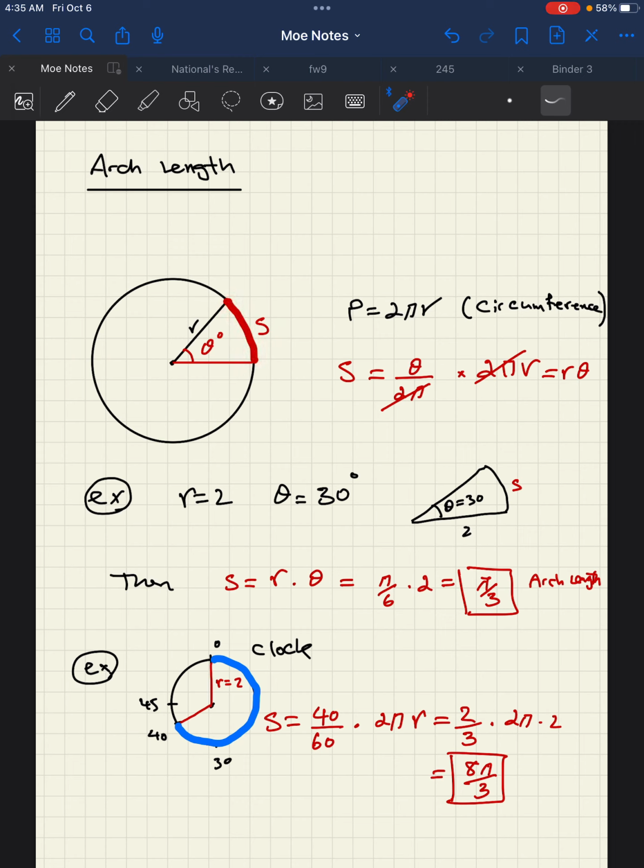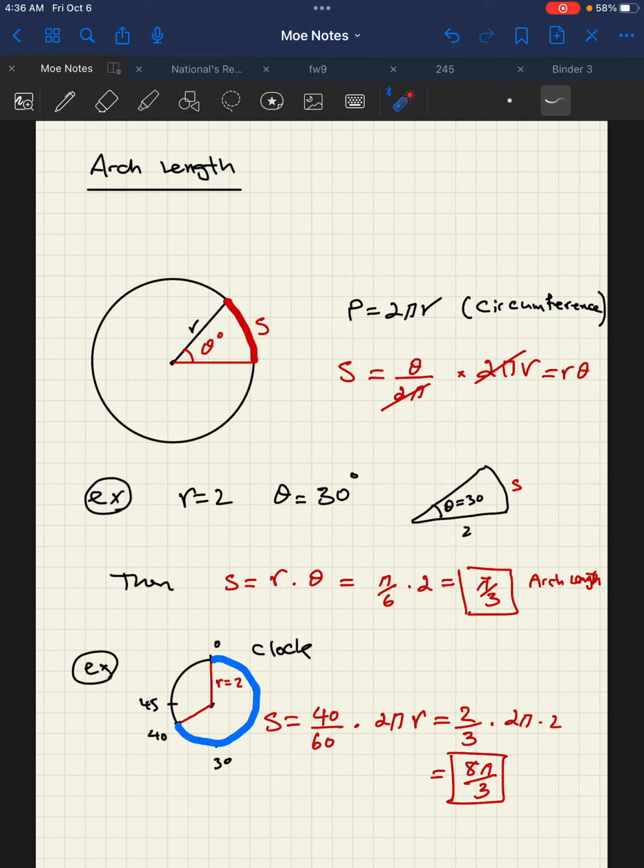So again, it's the ratio of what you have in this little section with respect to the full circle. So if the full circle is 360 degrees and you have 45 degrees, then it's 45 divided by 360 degrees times the circumference, and that would be how much that portion would be.